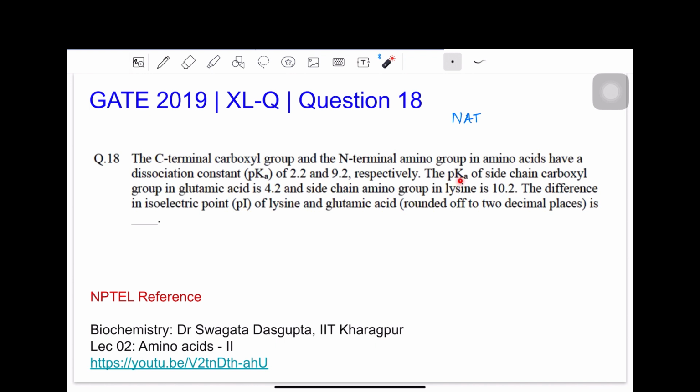Now, the pKa of the side chain carboxyl group in glutamic acid is 4.2. The pKa values of the carboxyl group and amino group are also given. So now how do we calculate its Pi or isoelectric point?